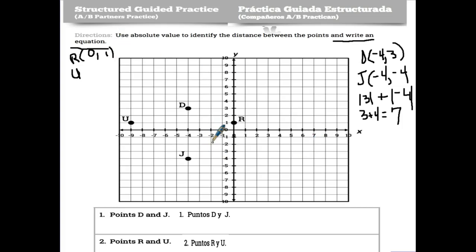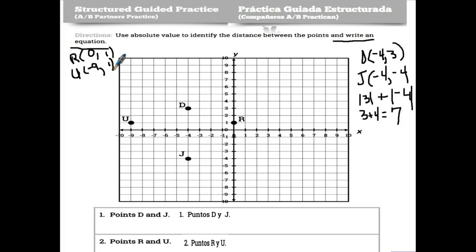And now I need to find the coordinate points for U. My x coordinate is -9, and my y coordinate is 1.